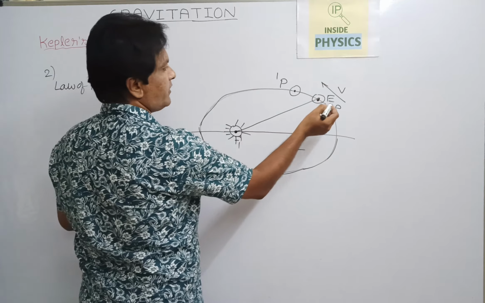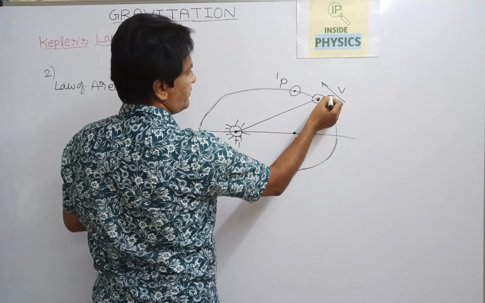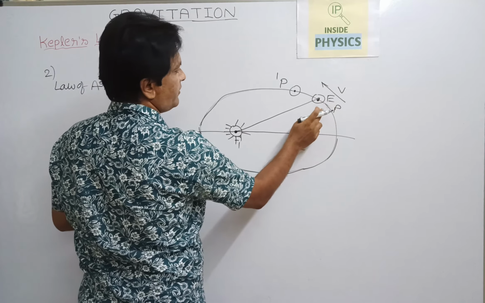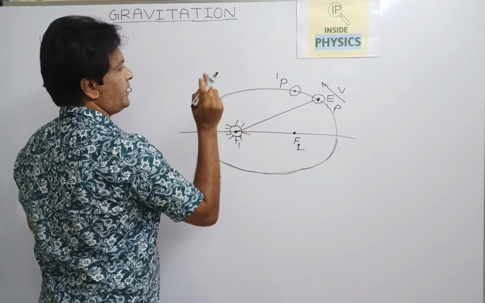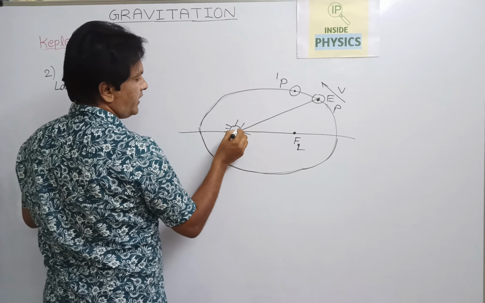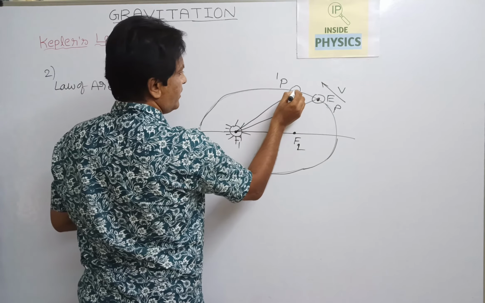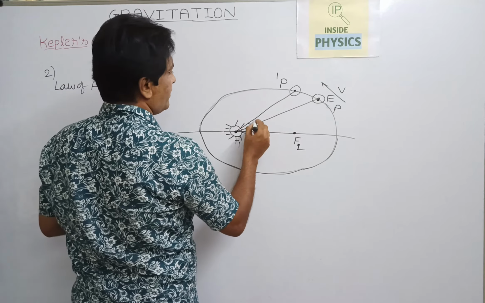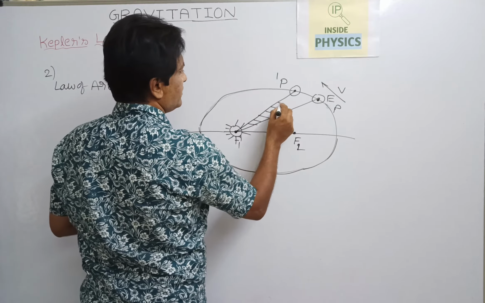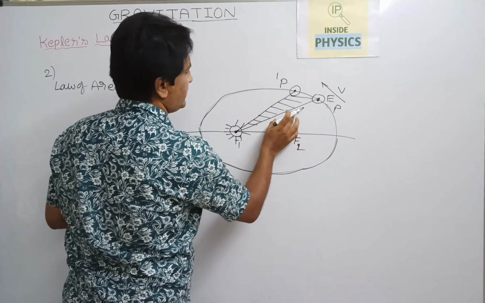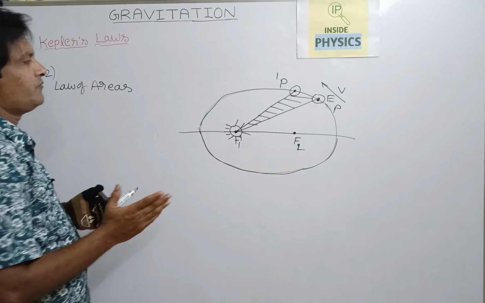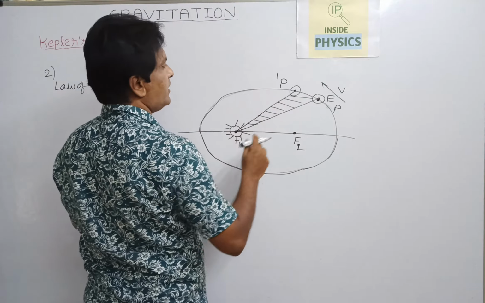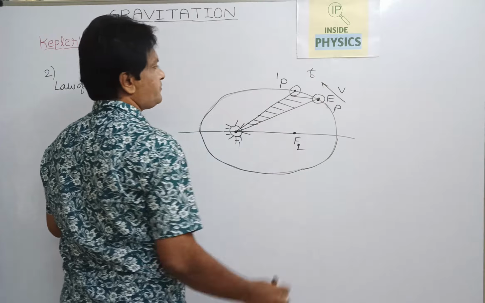So here the speed is v, and it is moving from point P to P dash. Now again the line drawn to the planet is P dash. The area covered by this line joining the Sun and the planet is this, say in time t.